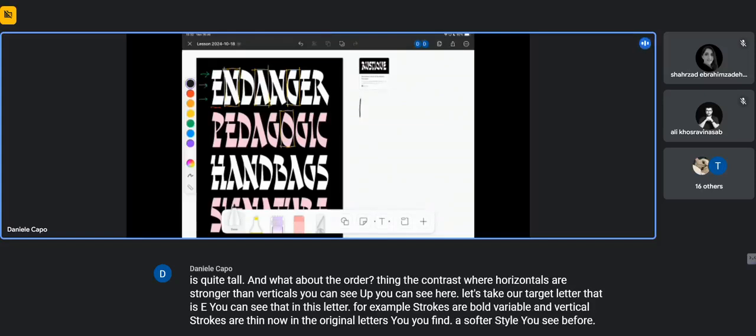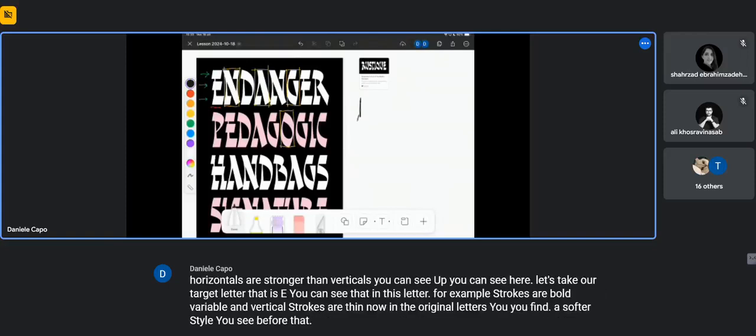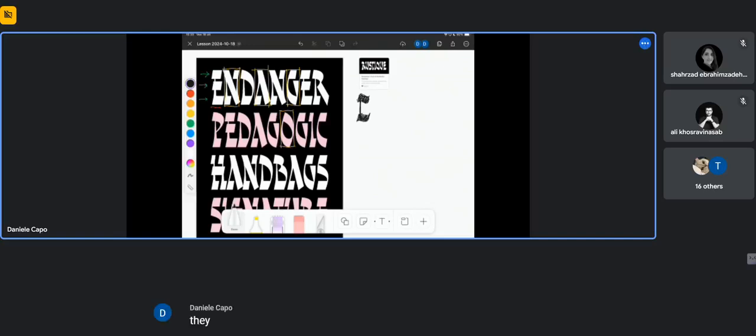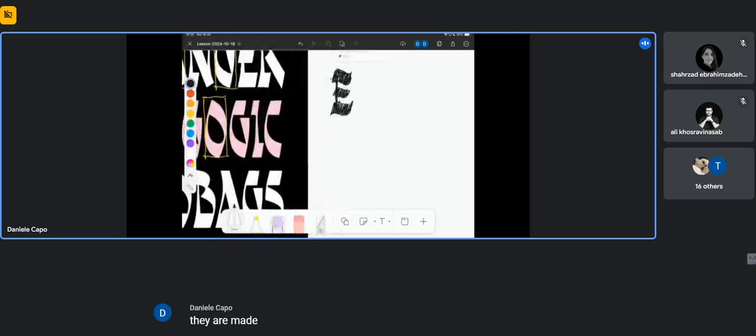You said before that seen in detail. They are made like this.